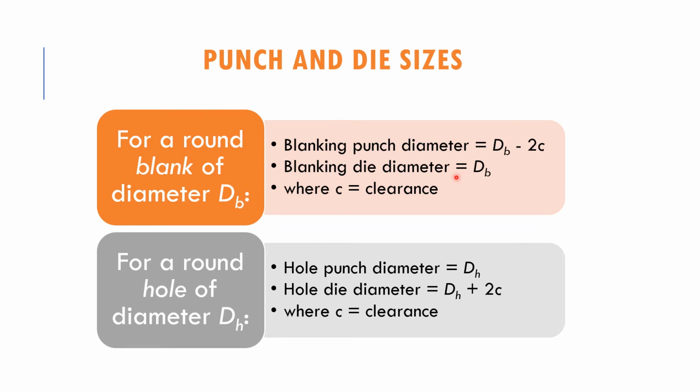So in order to get the punch diameter, it is dB minus 2C, where C is the clearance. If we want to create a hole with the diameter of DH, the hole punch diameter is equal to DH. The hole die diameter will be DH plus 2C, where C is the clearance.